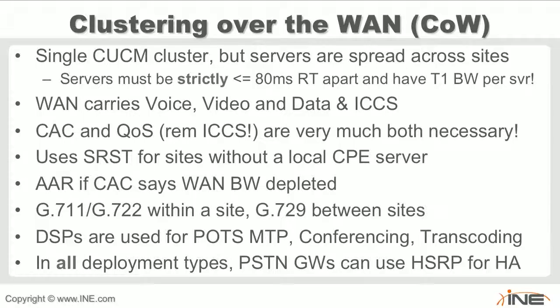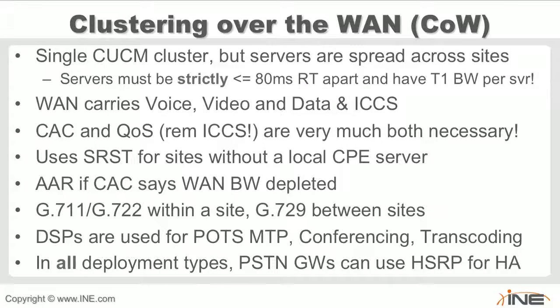So with clustering over the WAN, we have a single UCM cluster, but servers are spread across multiple sites. Now, servers must be strictly less than or equal to, at a maximum, 80 milliseconds round trip, not one way, round trip apart from each other.